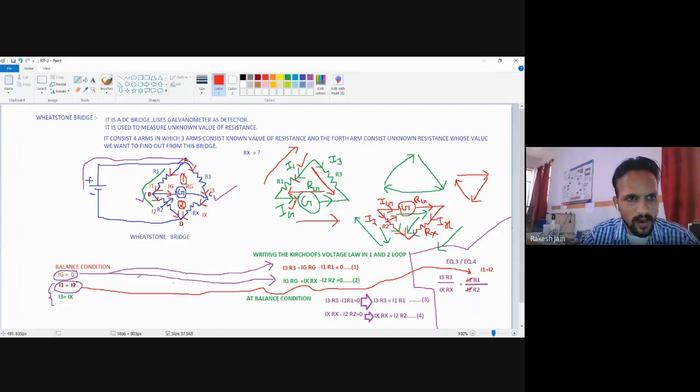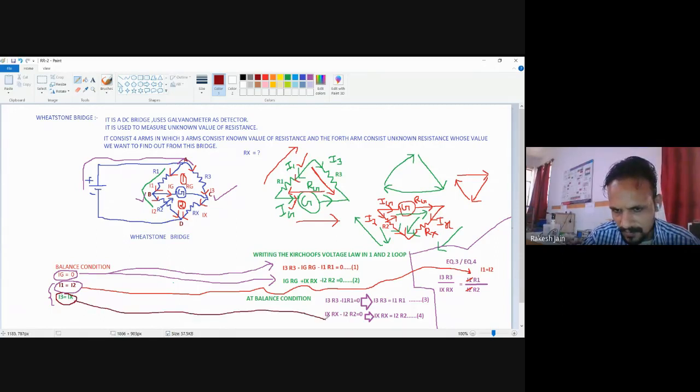Okay, now one more thing is this I3 is equal to Ix. Just put this I3 equal to Ix here. I just write it down here so you will remember what I am going to do.